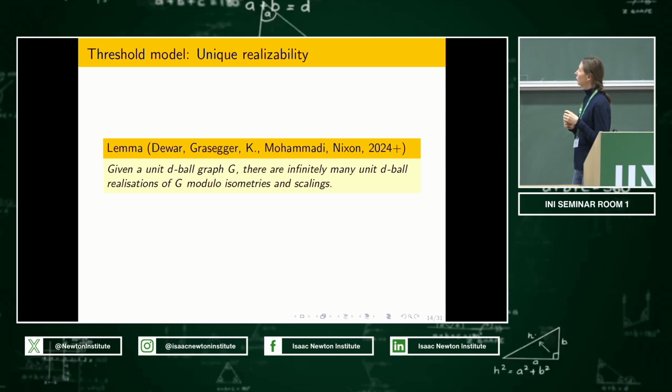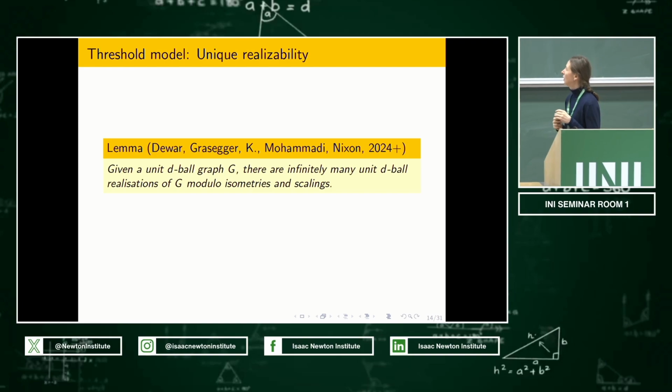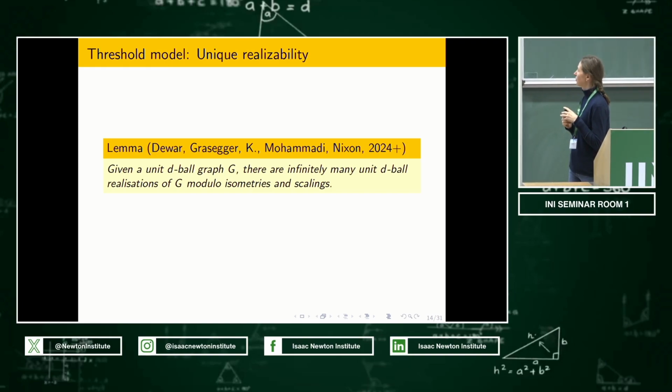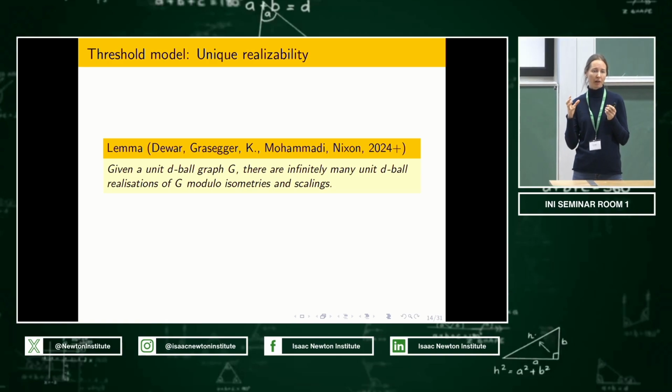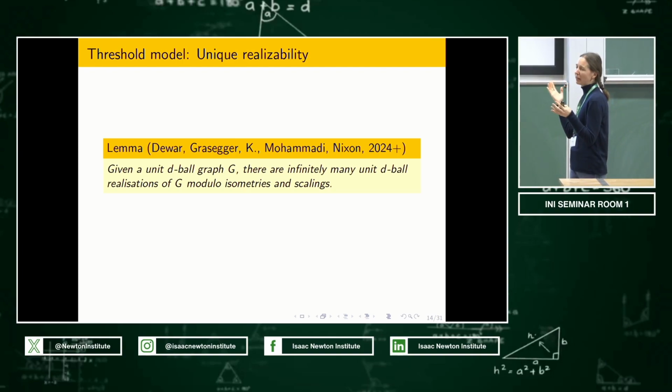Given a unit d-ball graph G, there are infinitely many unit d-ball realizations of G modulo isometries and scalings. This is saying that if you have a 0-1 matrix and you can figure out that it is an adjacency matrix of a unit ball graph, then there are still infinitely many realizations.